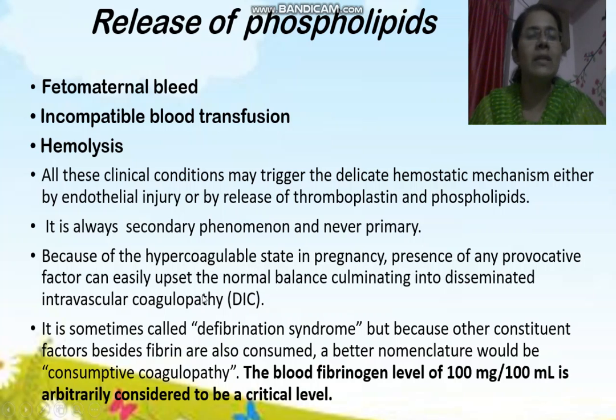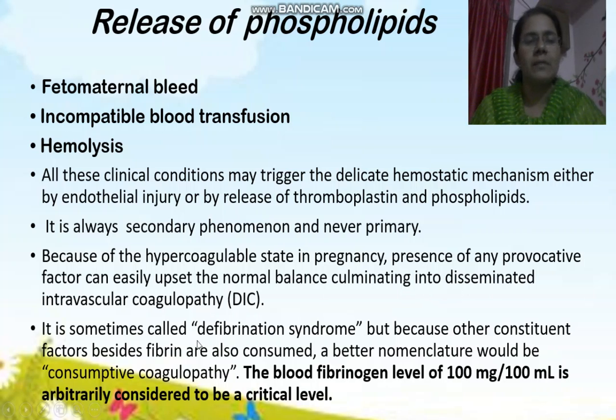So usually pregnancy is a hypercoagulable state, and the presence of any provocative factor, that is any factor that provokes bleeding, can easily upset the normal balance, culminating in disseminated intravascular coagulopathy.